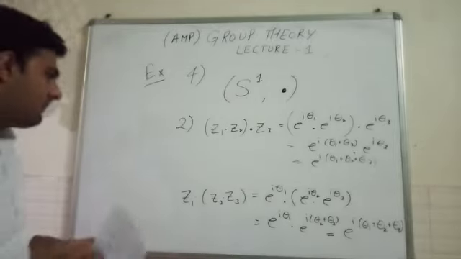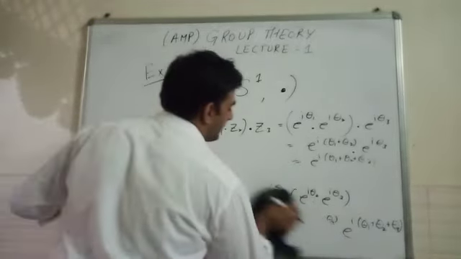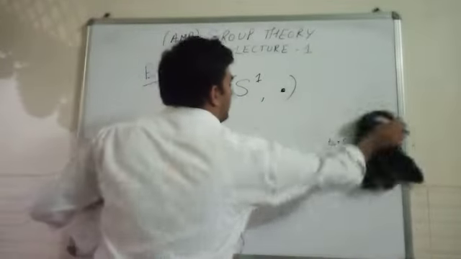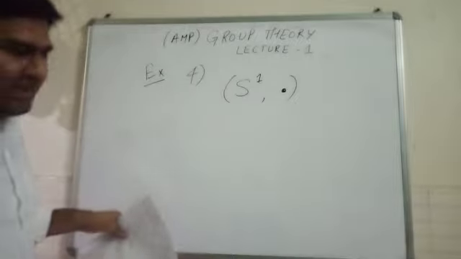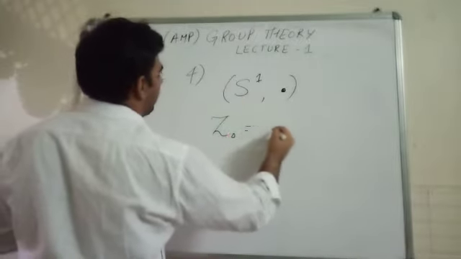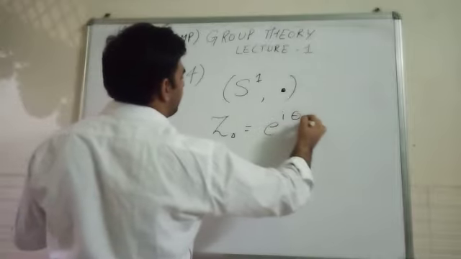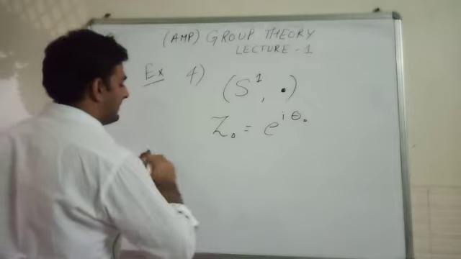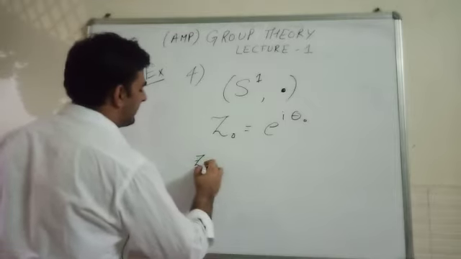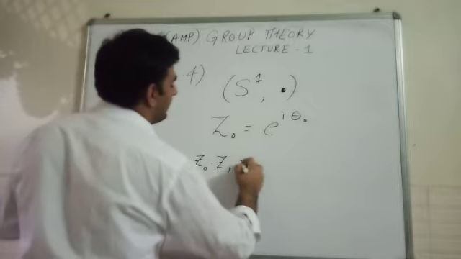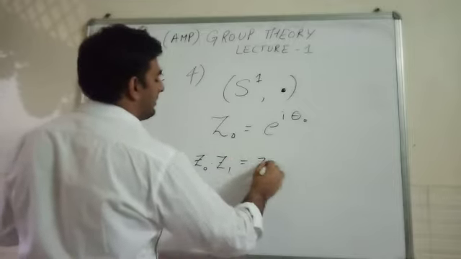Now let's find out the identity element with respect to multiplication. Let us assume an identity element z0, and it is e^{iθ0}. Now the identity element has the property that if you multiply z0 with z1, it must again give you z1.